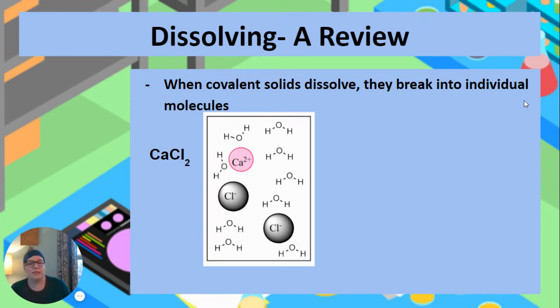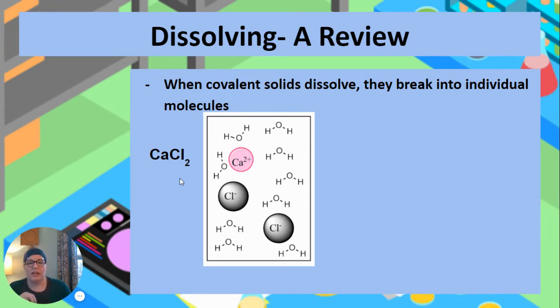So if I have something like calcium chloride, CaCl2, when one unit of calcium chloride breaks apart, I get one calcium 2+ ion, and additionally 2 Cl minuses. So when dissolving ionic compounds, you have to be really cognizant of the charge of the ions as they break apart.